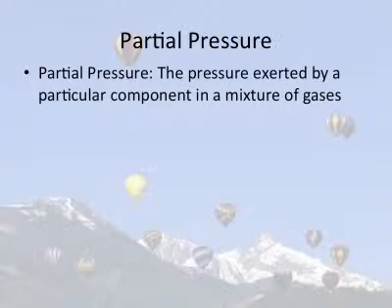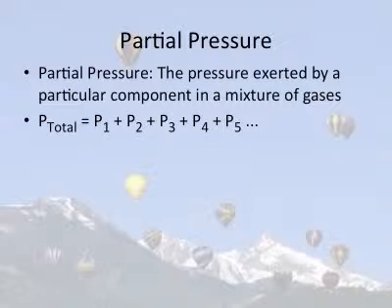So each gas, again, is going to exert its own specific pressure based on how big it is, based on how fast it's moving. And we term these their partial pressures. So, to get your total pressure, you just physically add the pressure of one gas, the pressure of the second gas, the pressure of the third gas, so on and so forth. Yes, this is the same Dalton. He was very important to chemistry.